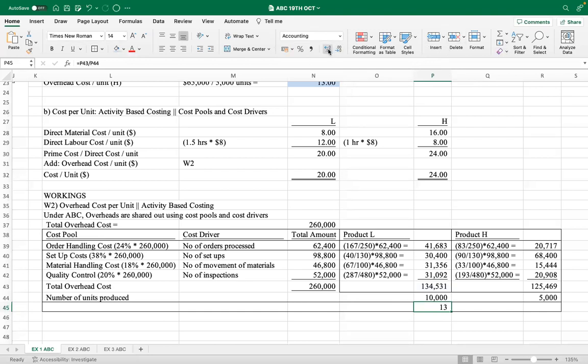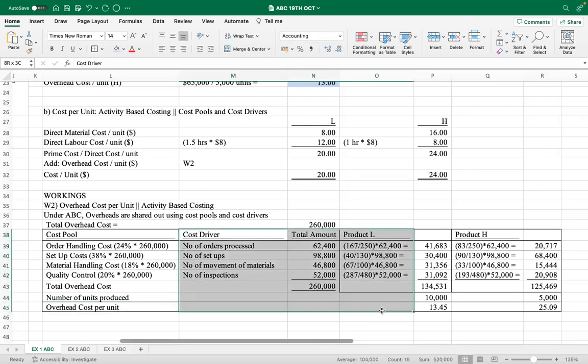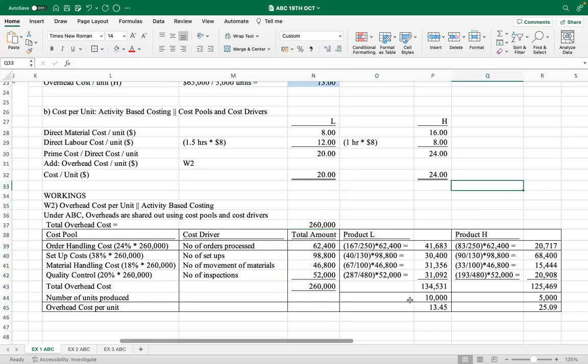Also here, total overheads divided by number of units gives overheads per unit. The overhead cost per unit is provided for you.